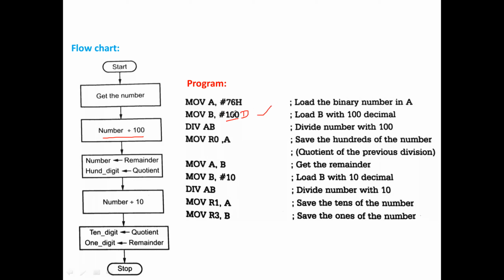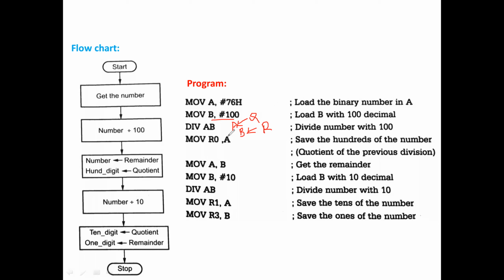After division, the A register will have the quotient, and the B register will have the remainder. What we have to do is take the quotient value into one register.